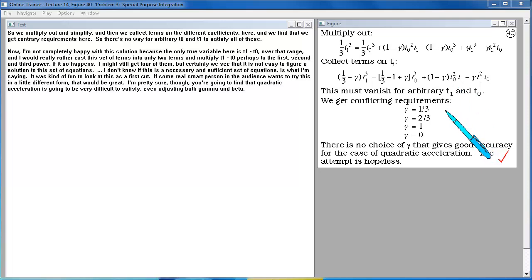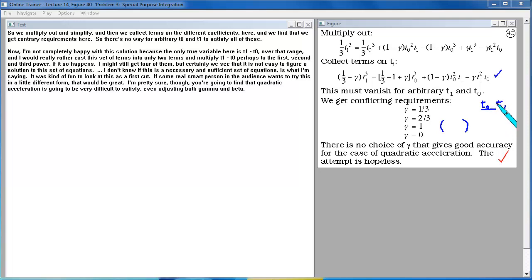Now, I'm not completely happy with this solution because the only true variable here is t1 minus t0 over that range, and I would really rather cast this set of terms into only two terms that multiply t1 minus t0 perhaps to the first, second, and third power if it so happens.